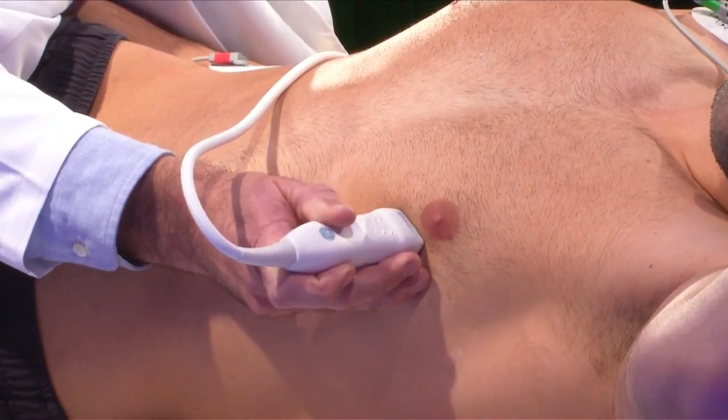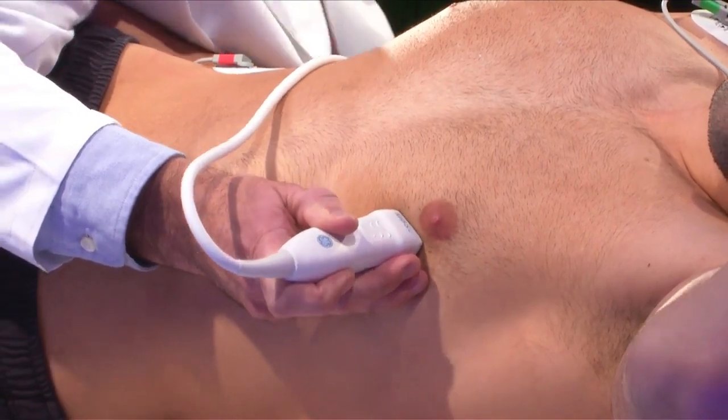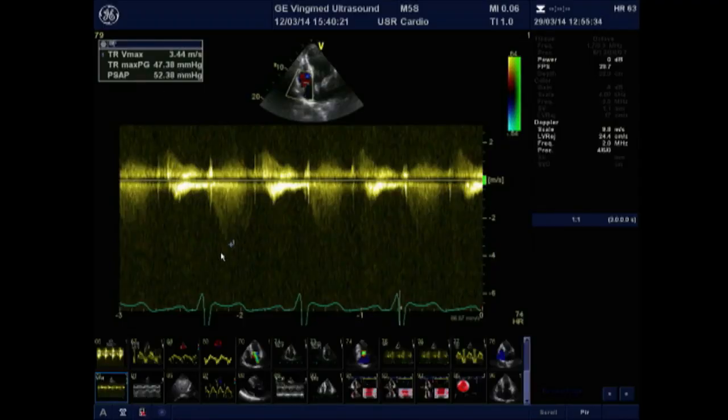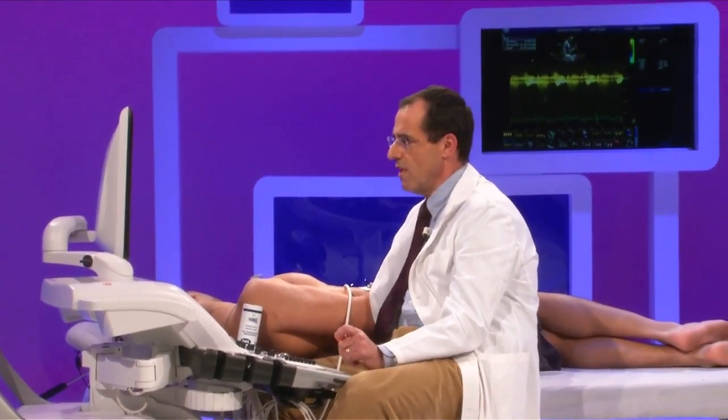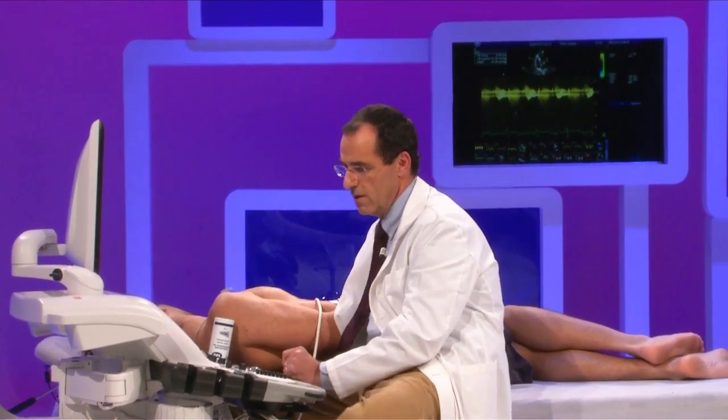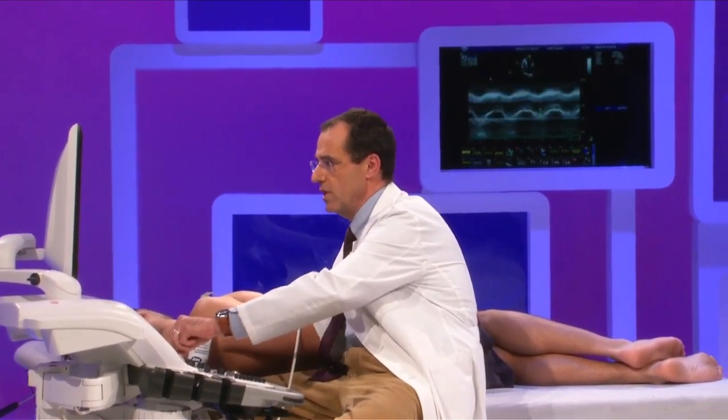There is a mild, very mild pulmonary regurgitation, but there is a gradient between right ventricle and right atrium of 47, which corresponds at least to a pulmonary systolic artery pressure of 52, because the machine is set to assume that the right atrial pressure is 5 millimeters. Of course, we'll correct this figure later if needed.